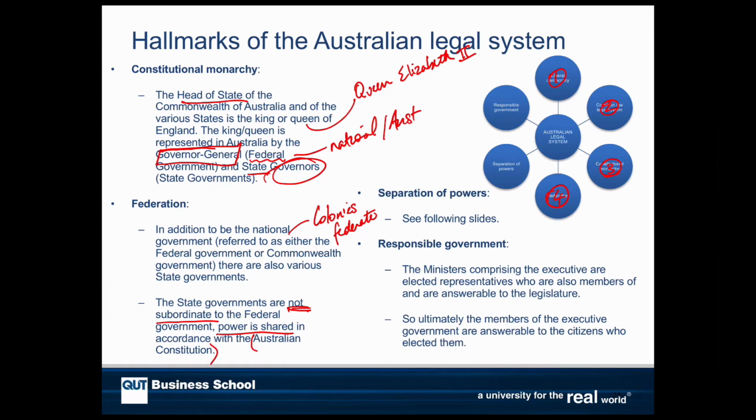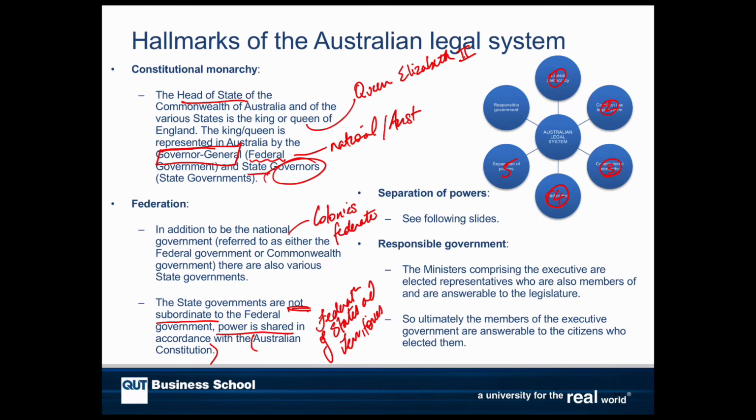So it's a classic point. We are a federation of states and territories. We're going to come back to the separation of powers. That's an important doctrine that we want to go through and make sure we have a conceptual understanding of.